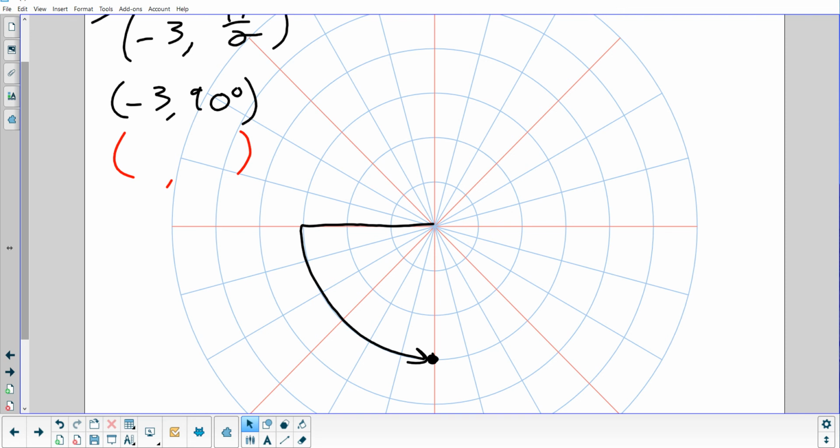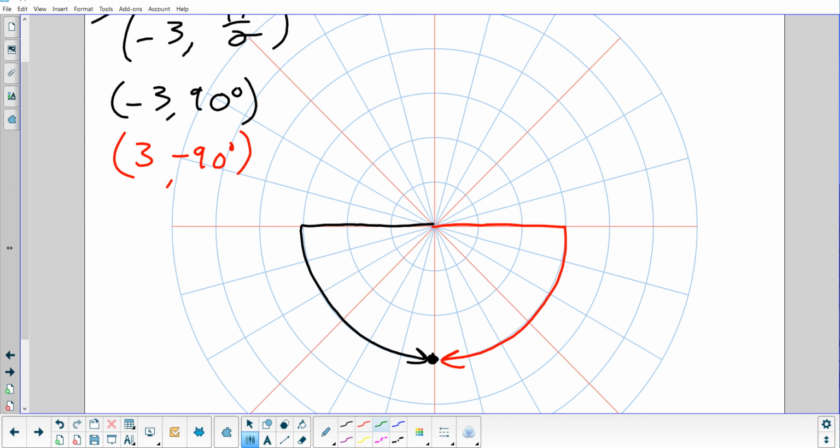What's another way that I could get to that point besides -3, 90? +3, -90. Yep. So +3, 3 to the right, -90 would bring me that way. All right.